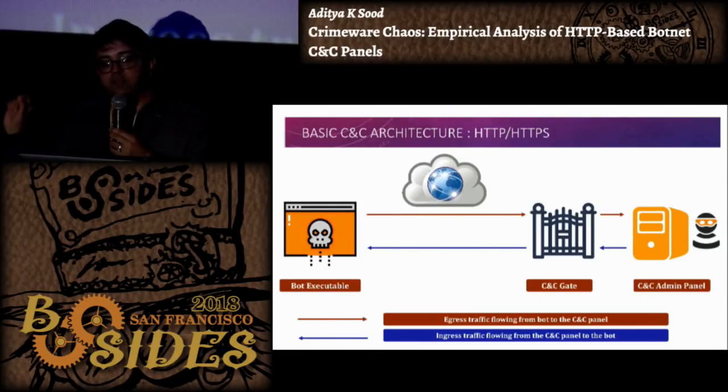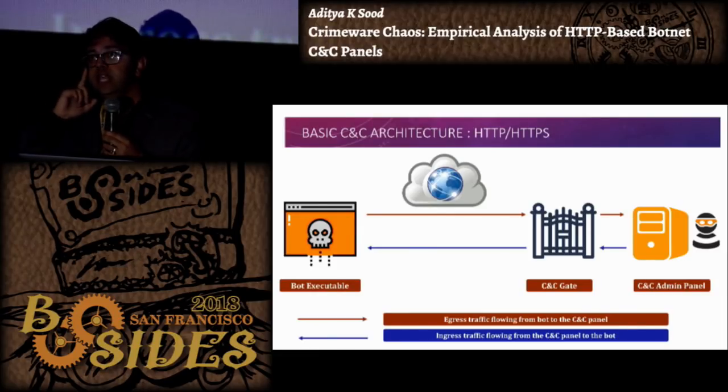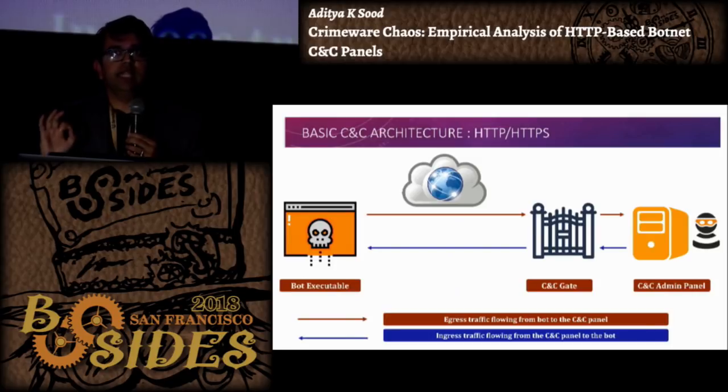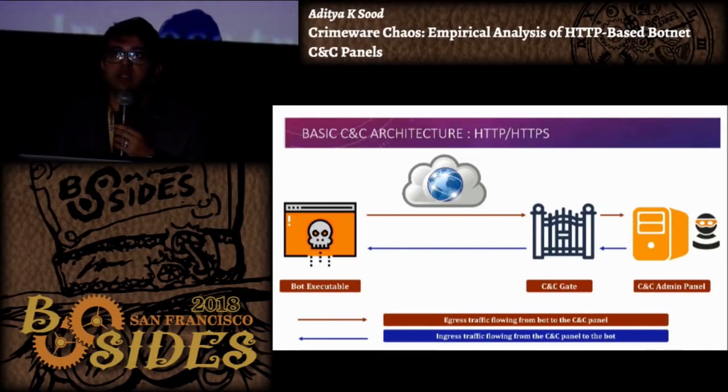But among the three main components, before your data gets into the CNC admin panel, there is a CNC gate as well, which is a very important design component of CNC deployments. The gate scrutinizes every single communication that the bot is making or sending back to the CNC server.